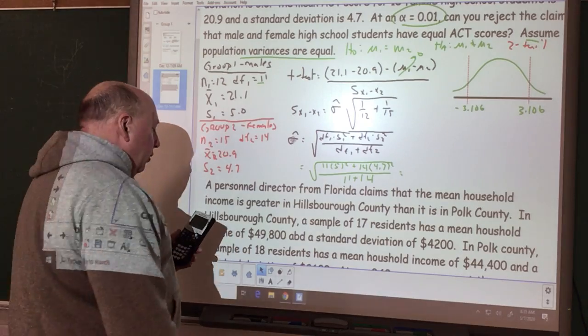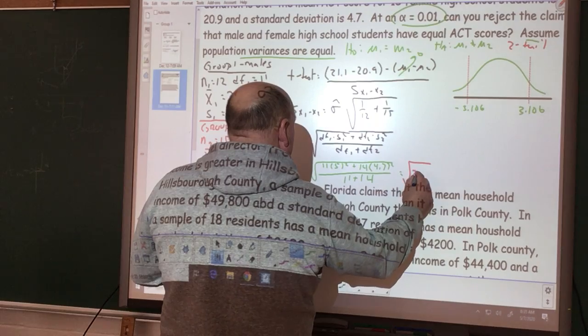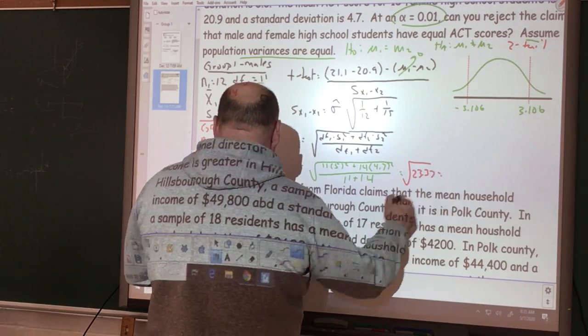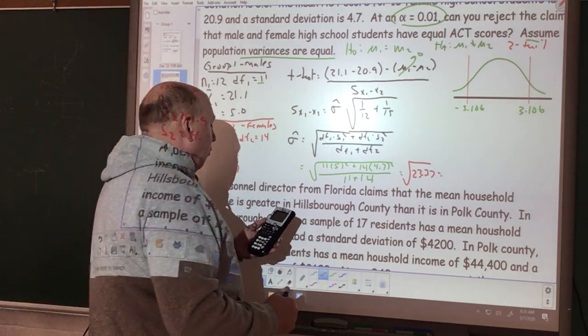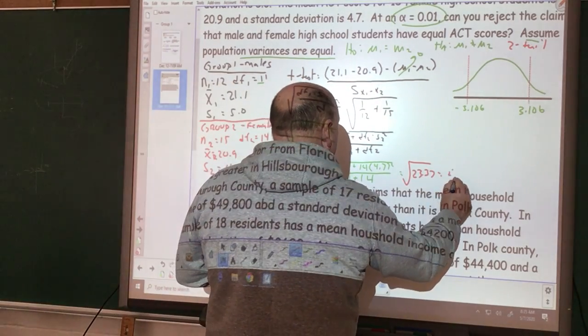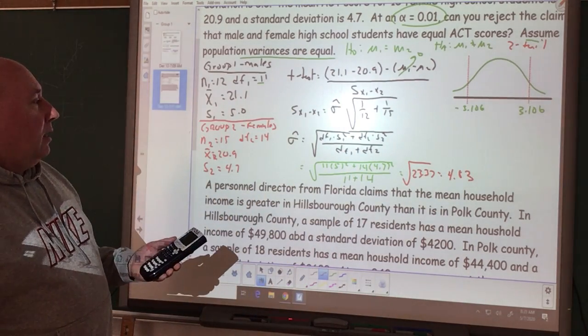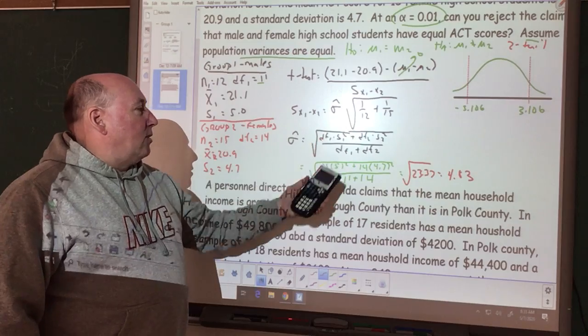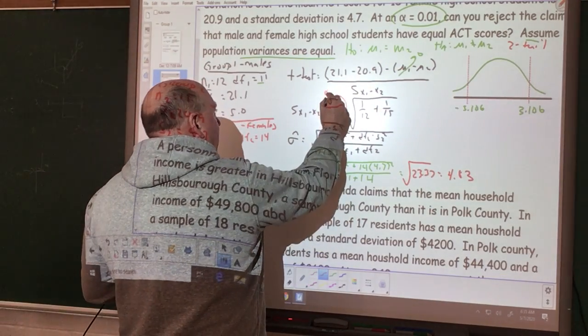So we get the square root of 23.37. Square root, second answer. We get 4.83 for this sigma hat. Now this value here we have to multiply. It's 4.83.